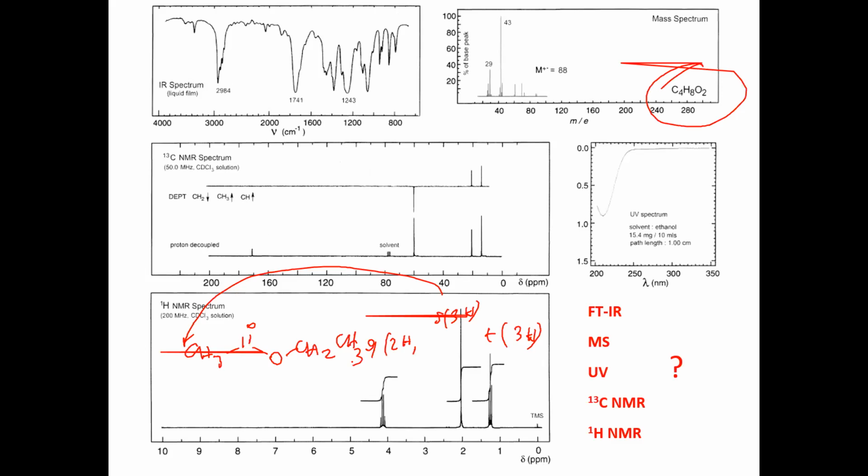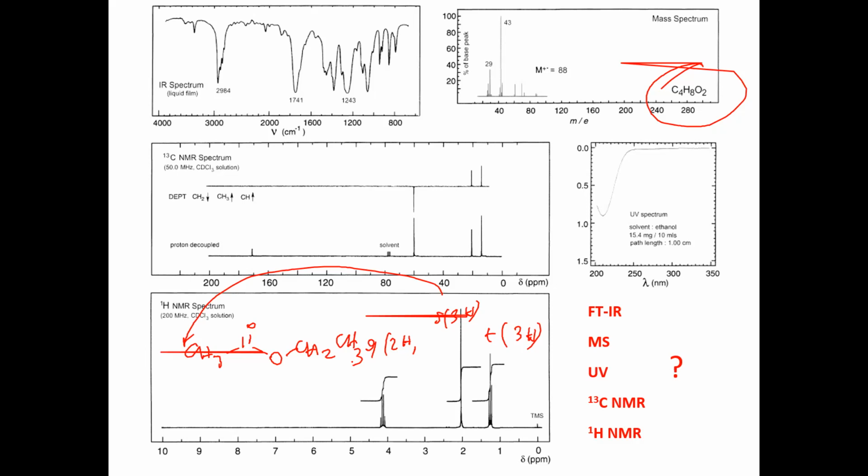I can tell you that M plus is 88. Try to do the calculation and see if the M plus is actually the whole weight of your molecule. That M plus is the molecular ion. You can say it's very small, but it's there. So the structure is kind of stable, but not too much. It can fragment. What is the 29?